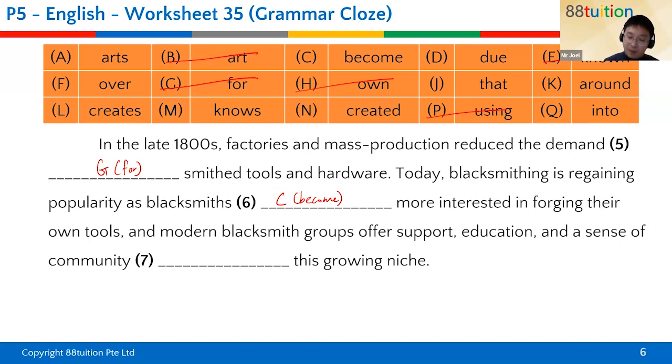And then modern blacksmith groups offer support, education, and a sense of community. What this growing niche, all right? Niche is actually specialty. This growing specialty. So number 7, the answer is actually K. I believe, and a sense of community around.